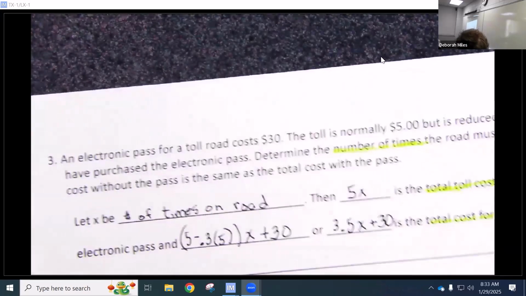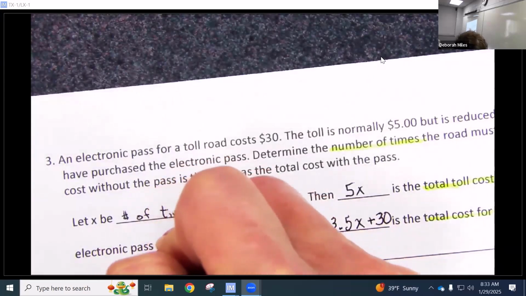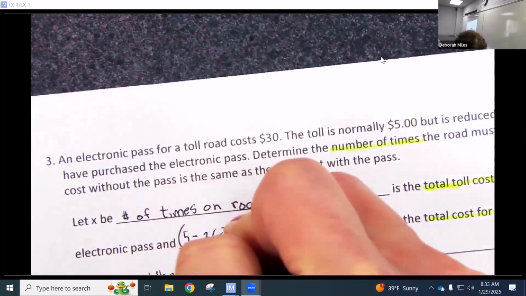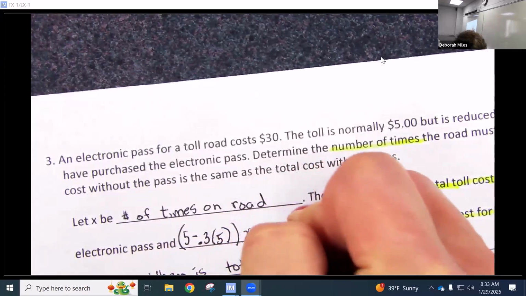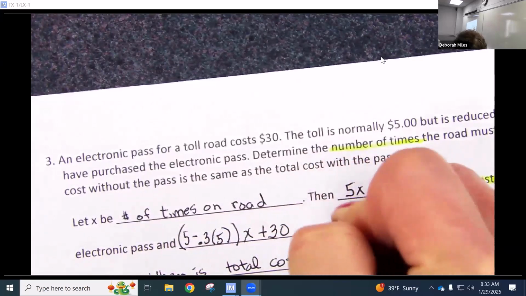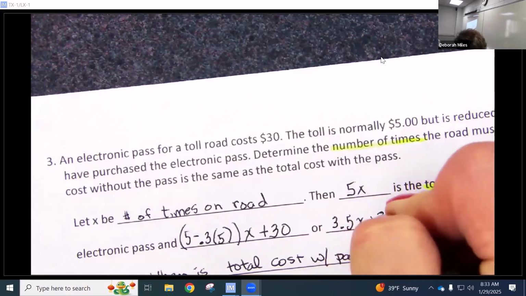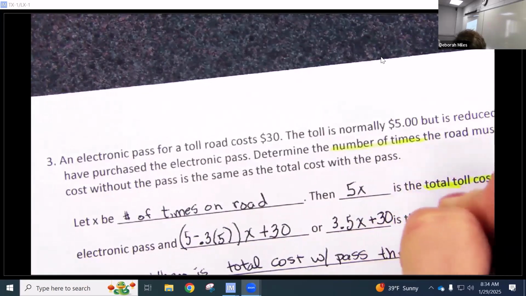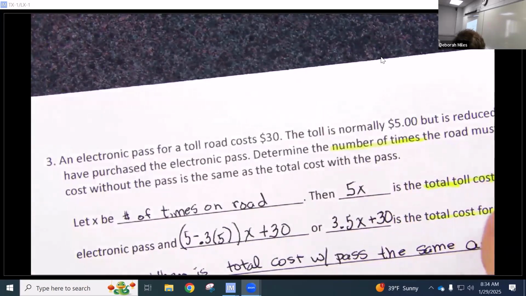So, when is total cost with the pass the same as total cost without pass?